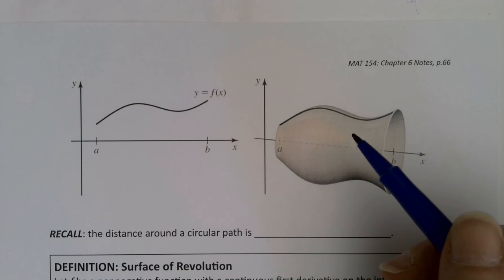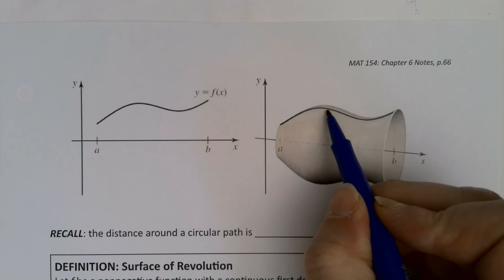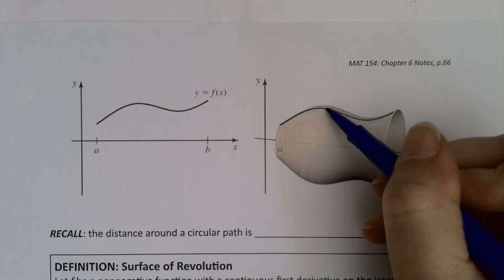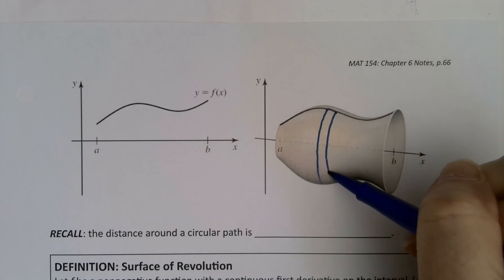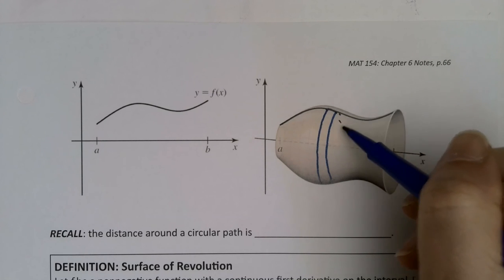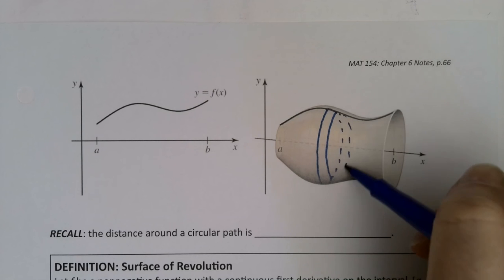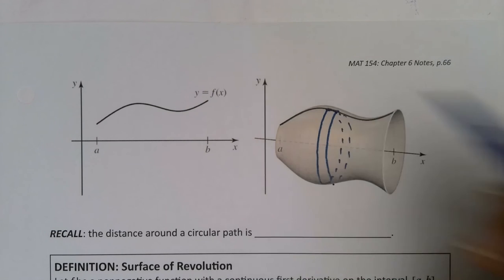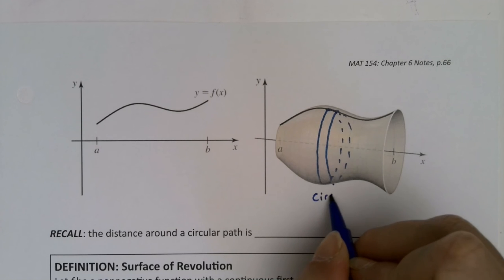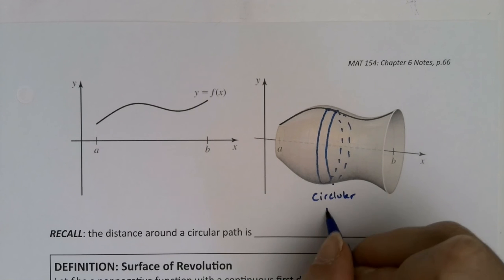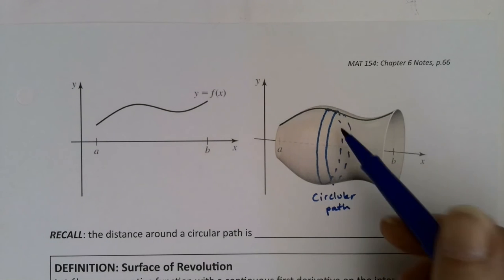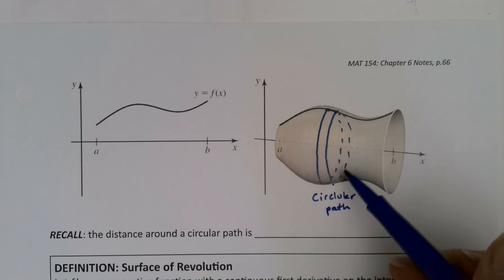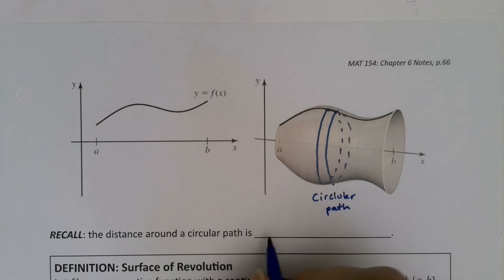So if you take a section here of that arc and you imagine swinging it around, it's going to form a circular path, because these are only true for rotational objects, which is what we're working with. So we're assuming the object is rotational. Now the distance around that circular path will be the circumference of that circle, which is 2 pi r.